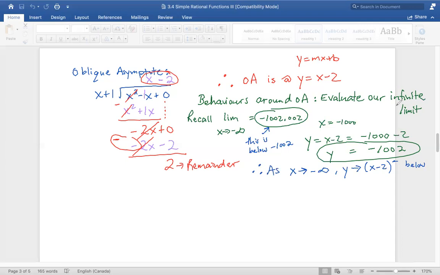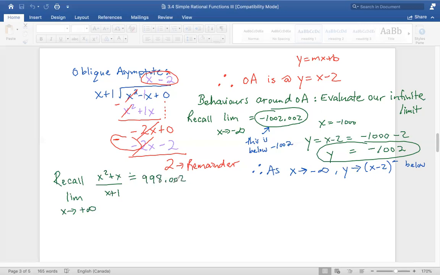So let's do that one more time with our positive 1000. So also to recall, when I was looking at the limit, as x was approaching positive infinity, of our original function, we got a value of 998.002.